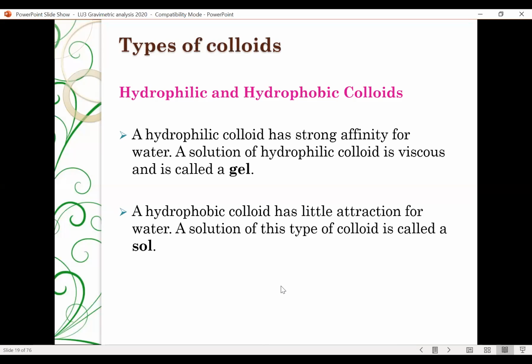A bit of detail on colloids. There are two types of colloids, hydrophilic colloids and hydrophobic colloids. Hydrophilic colloids have strong affinity for water. We call it gel. And hydrophobic colloid has very little attraction for water, and we call it sol. This is only some description on colloids.